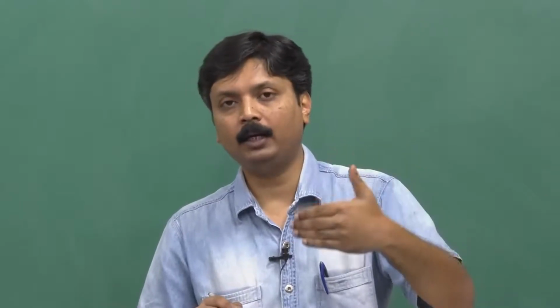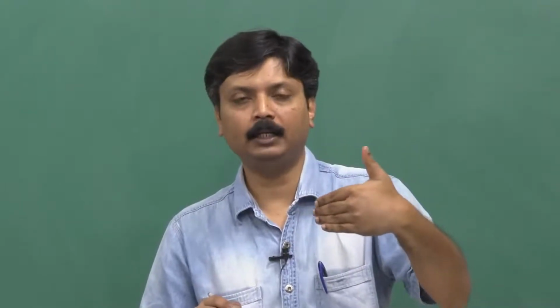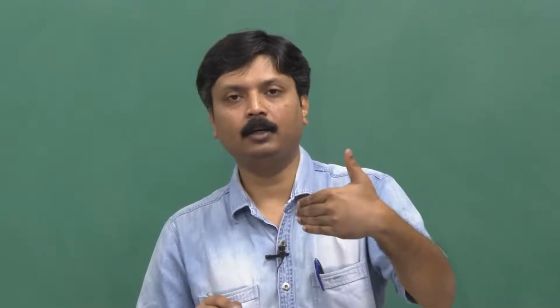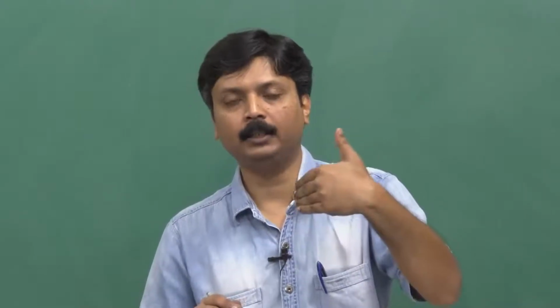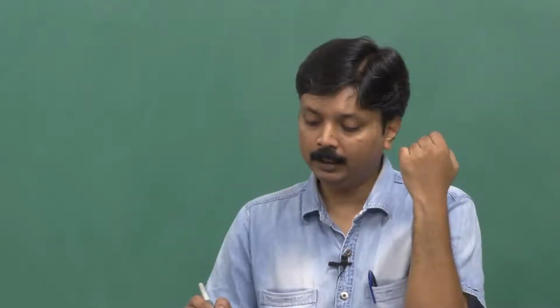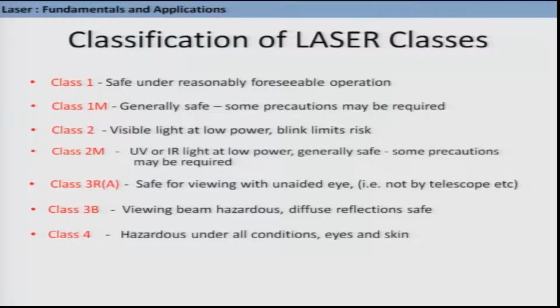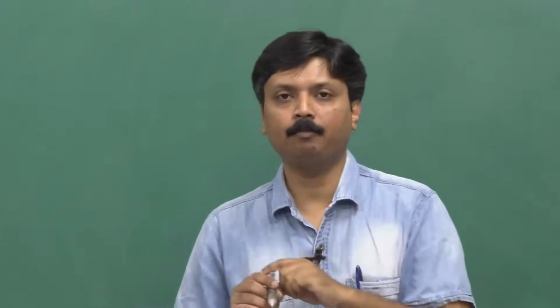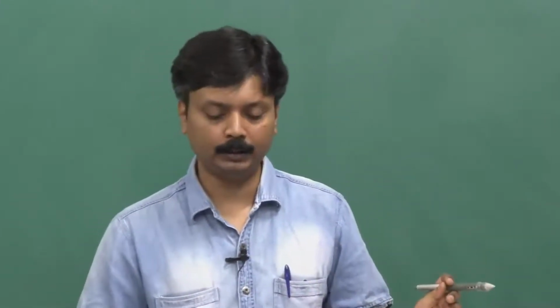So, make sure that wherever the laser light is falling has a diffuse reflectance, so that you do not harm your eyes. Class 4 laser is extremely hazardous under all conditions, be it your eyes or your skin. So, one has to be extremely careful while handling class 4 lasers.